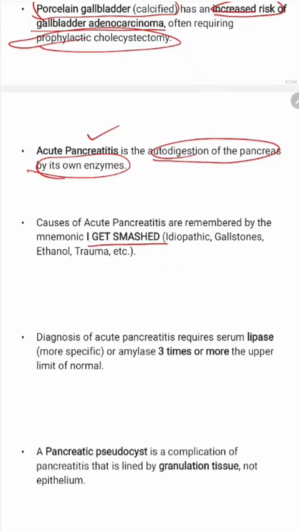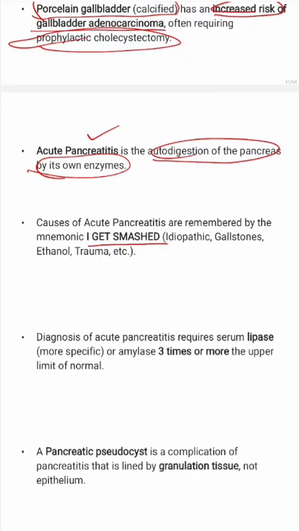I stands for idiopathic, G for gallstone, E for ethanol, T for trauma, S for scorpion bite, M for mumps, A for autoimmune, S for steroids, and D for drugs. All these are causes of acute pancreatitis.